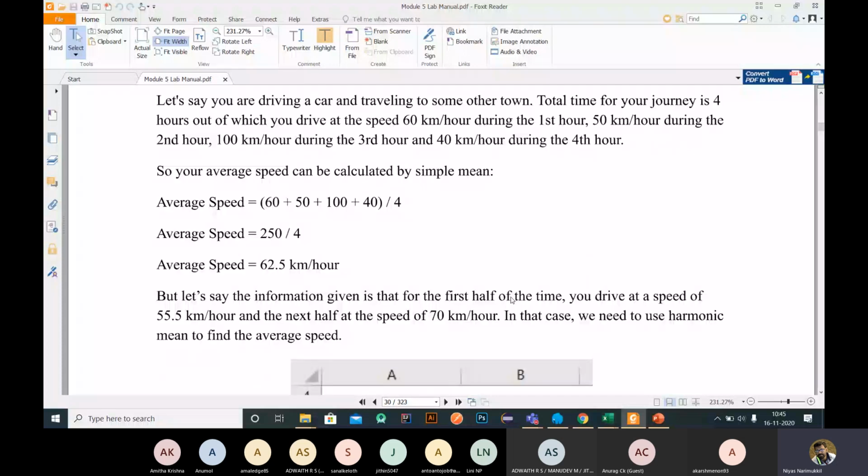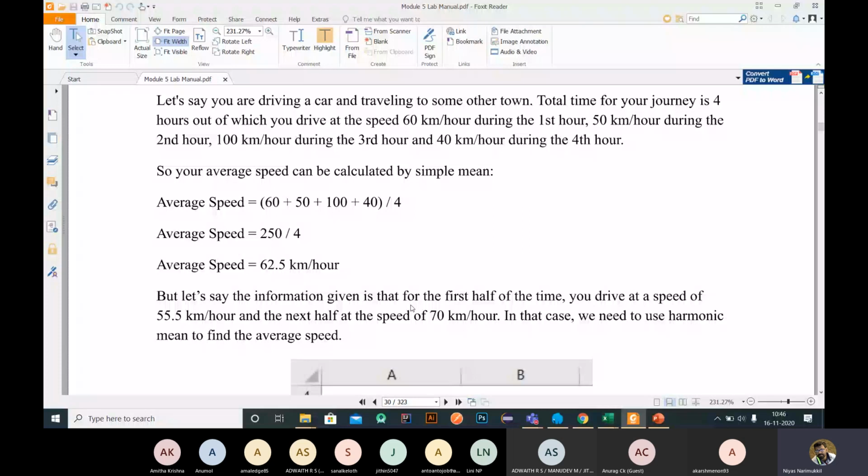We are only giving that in the first half of your time you drive at a speed of 55.5 km per hour, and in the second half at a speed of 70 km per hour. In that case, we need to use the harmonic mean in order to find the average speed. The difference is that here the time limit is not given. Time is not fixed. Only the first half and second half are given.